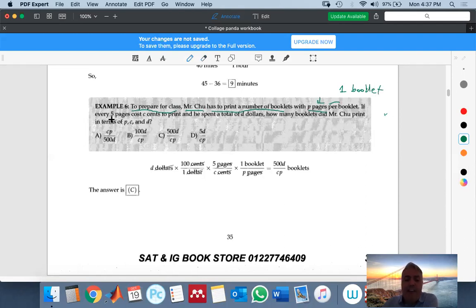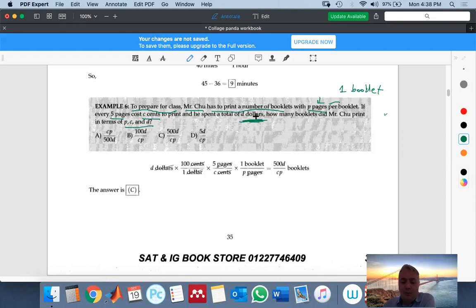If every 5 pages costs C cents to print for each booklet, and he spent a total of D dollars. So dollars and cents. How many booklets did Mr. Chu print in terms of P, C, and D?